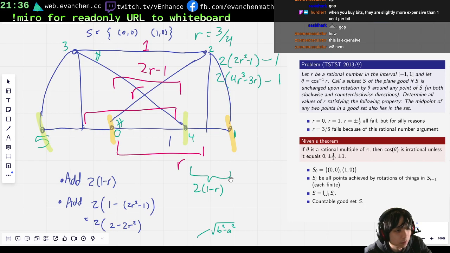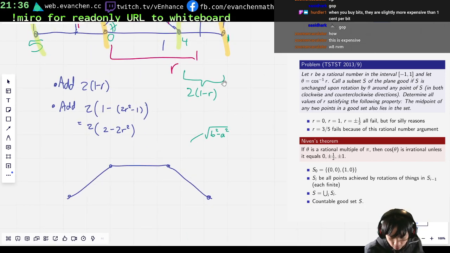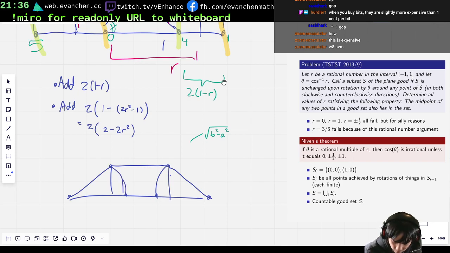Okay, let me label the order of the points. 0, 1, 2, 3. Wait, what am I talking about?